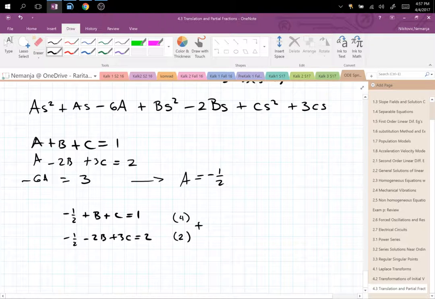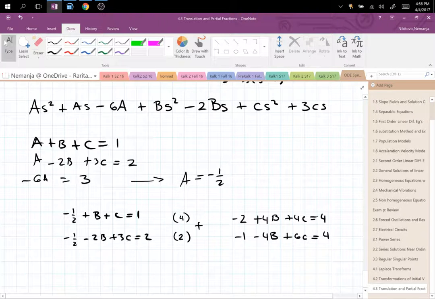So I have negative 2 plus 4B plus 4C is equal to 4, and the bottom one is 2 times 1/2 is negative 1 minus 4B plus 6C is equal to 4.